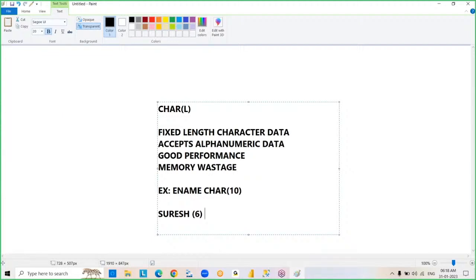So we are inserting 6, so it occupies 6 bytes of space in the database for the data we inserted into the table.